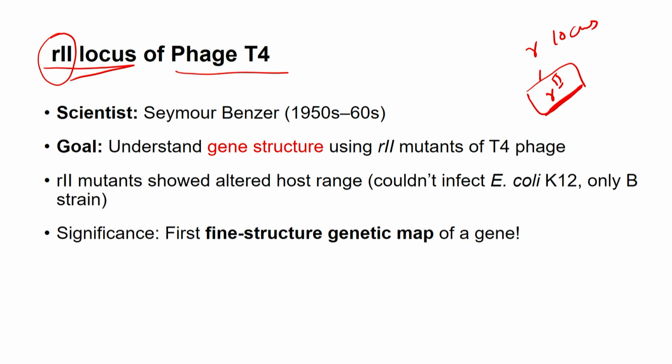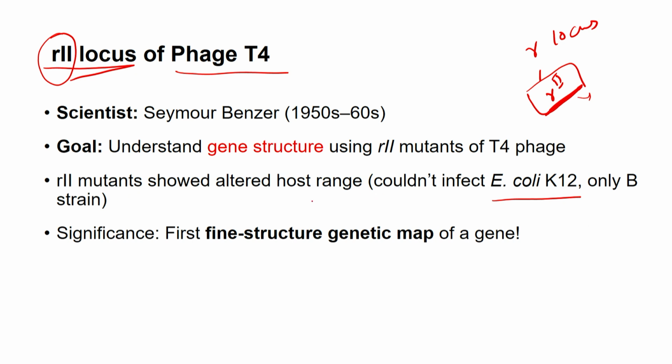quality that they cannot infect E. coli K12. Remember, K12 is usually written as K12 lambda because of the integration of lambda into its genome. For simplicity we have just used E. coli K12.